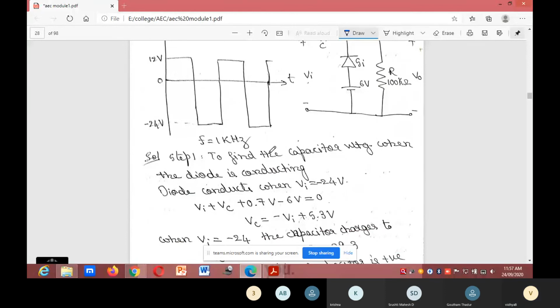The diode will conduct when Vi is equal to minus 24, and also when Vi is less than 5.3 at the same time.